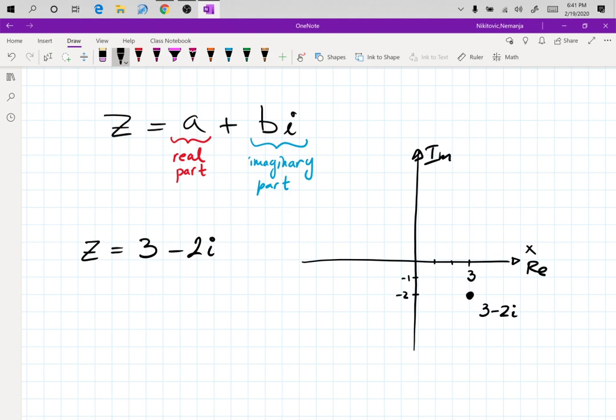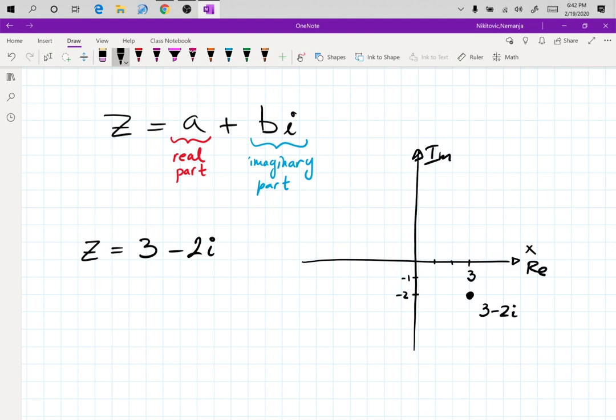There is a dimension called real and a dimension called imaginary. It creates the two-dimensional coordinate plane, and we can draw any of these complex numbers. We can locate the complex number in the plane, right? So guys, it's not an x and a y, even though the real axis is x. But the imaginary axis is not y.